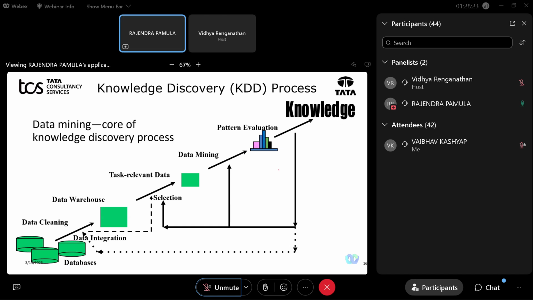This is a well-known diagram for the knowledge discovery process. We have data cleaning and integration, then a data warehouse where we store our data in a format. Then we select the data from there, try to find the relevant data, then apply various applications.